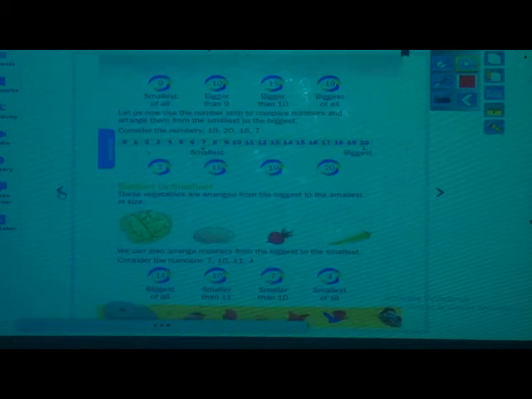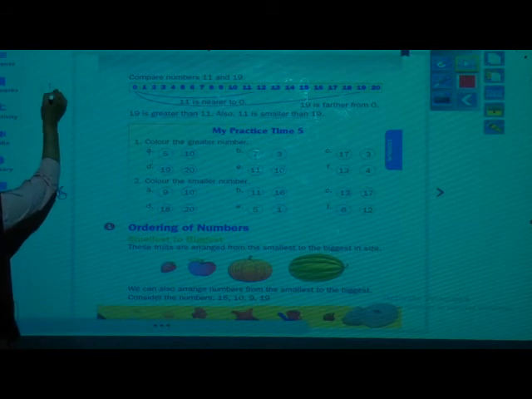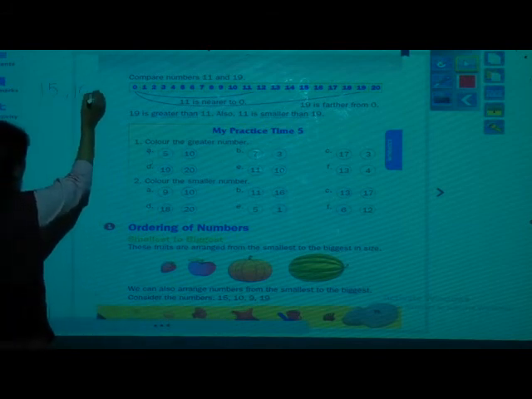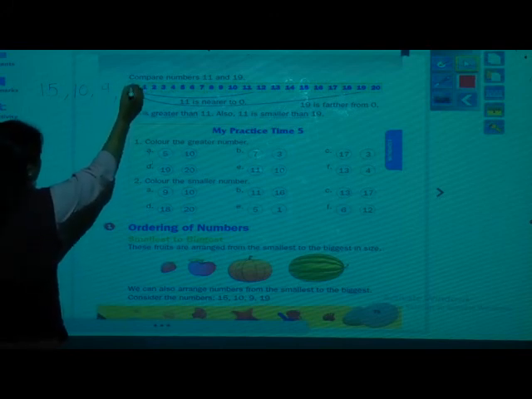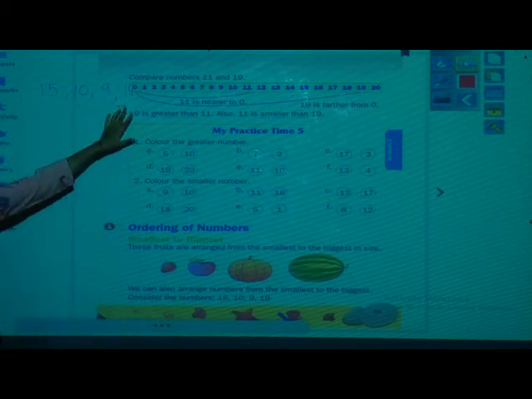Okay, I will write here numbers 15, then 10, then 9 and then 19. Okay, 15, 10, 9, 19.